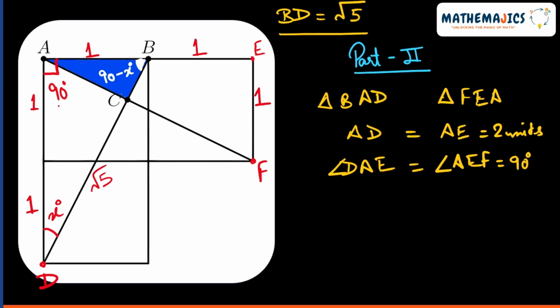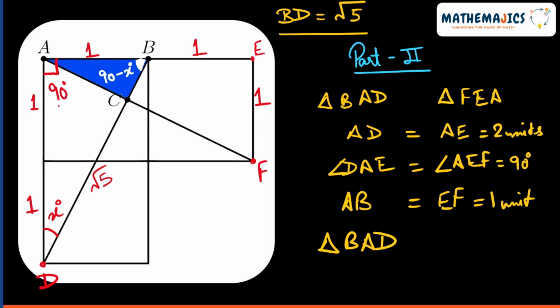We also know that AB is equal to EF, both are 1 unit each. That means triangle BAD is congruent to triangle FEA.